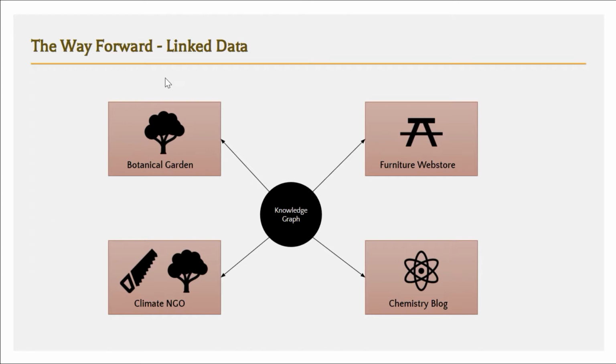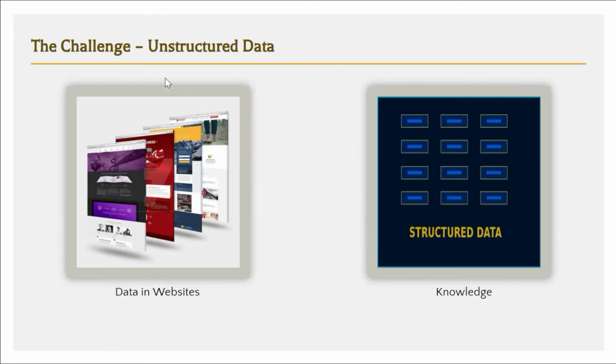But there is a problem in making this happen. The challenge is we have highly unstructured data. Let's take an example here also and understand it. Let us suppose this is site A, which is an organization site, and let us suppose this person here which you are seeing is the director in this particular organization.